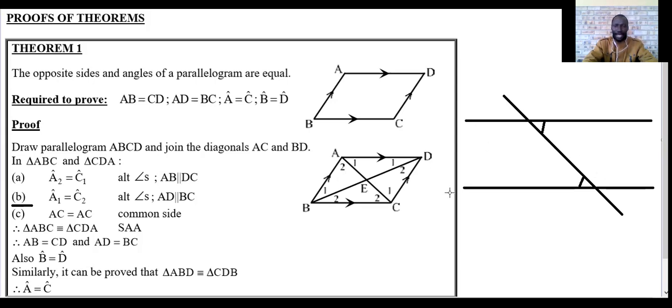So we now go ahead and say, well, the angle A2 and the angle C1, that is this other angle here, they are alternate angles, and they are also equal to each other. That is another property. We get it down right away. You see? That is not all.